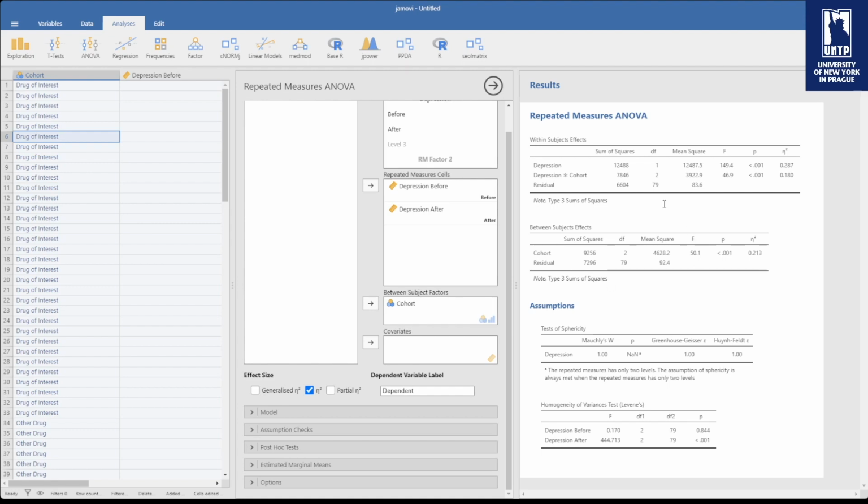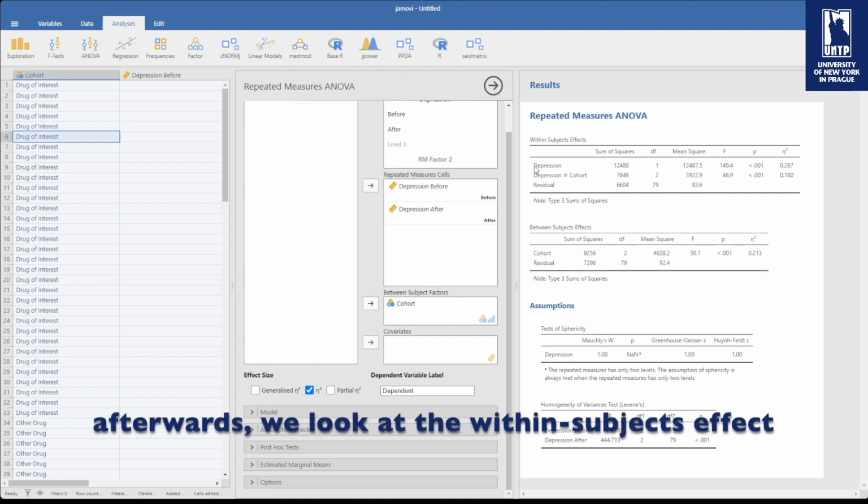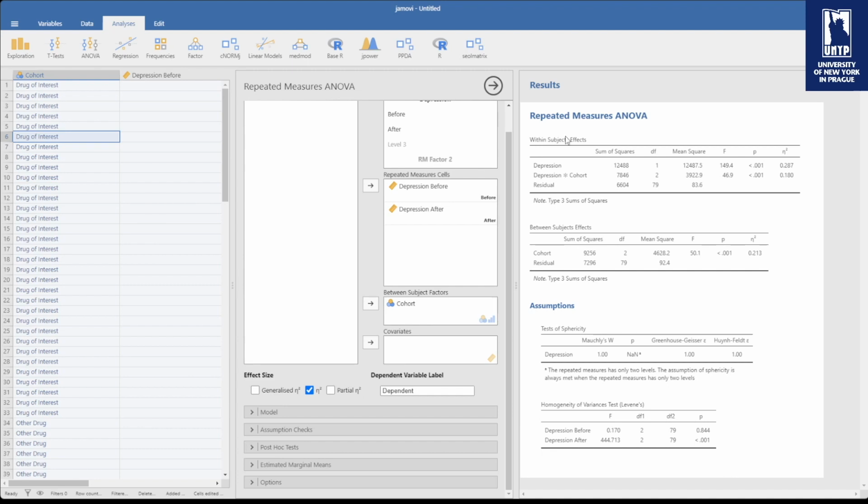Anyway, after all, we look at the within subjects effect. So we have this table, and we have 2 main outputs here. We have depression times cohort. Depression times cohort, as you can imagine, is our interaction effect, whereas depression is our within subjects effect.